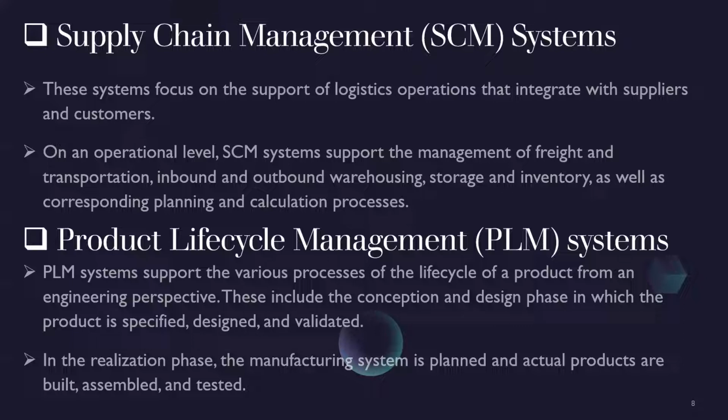So in the realization phase, the manufacturing system is planned and actual products are built. So using PLM systems, we can say there is an idea to launch process and different types of order processes, including build to order, engineer to order, and also assemble to order.